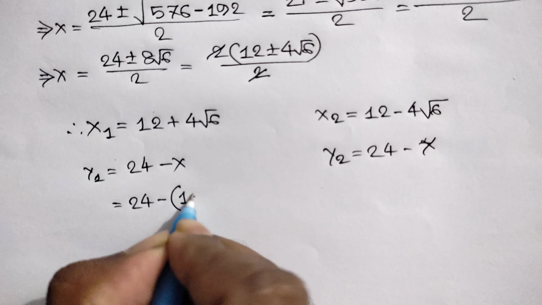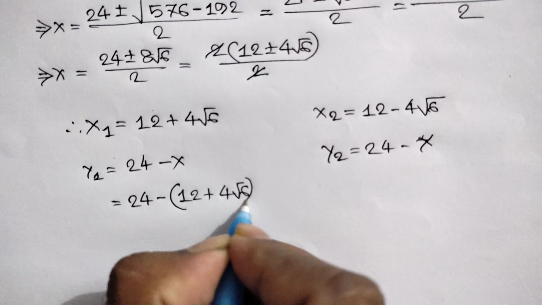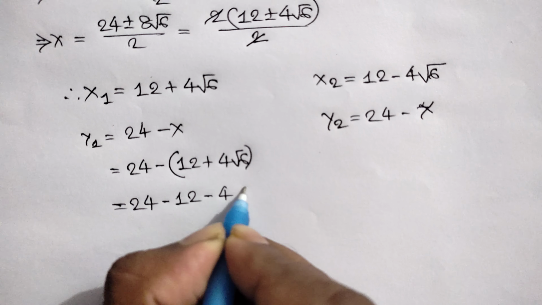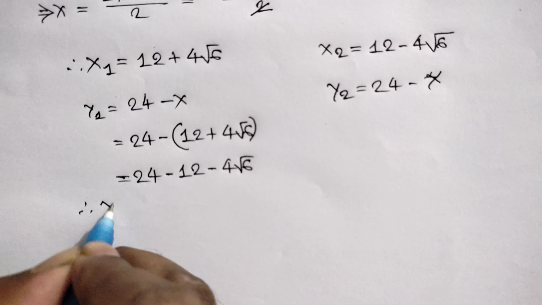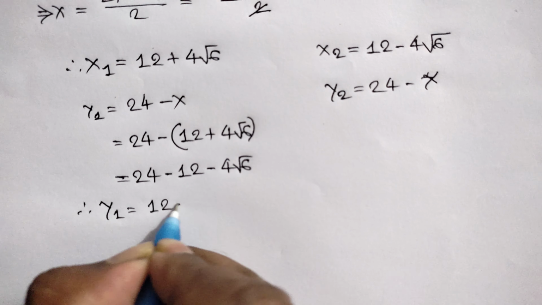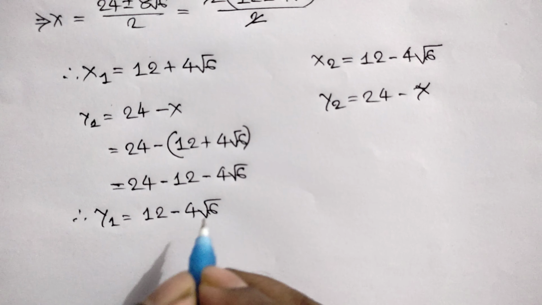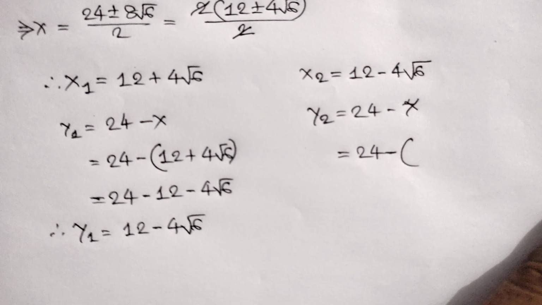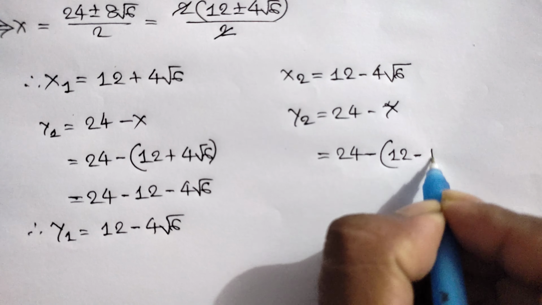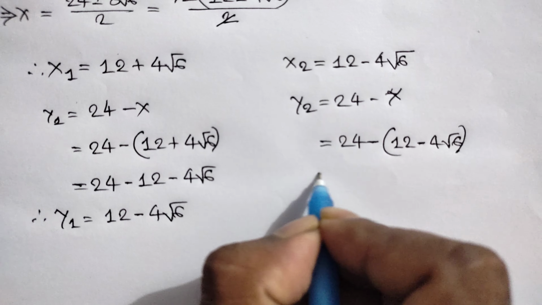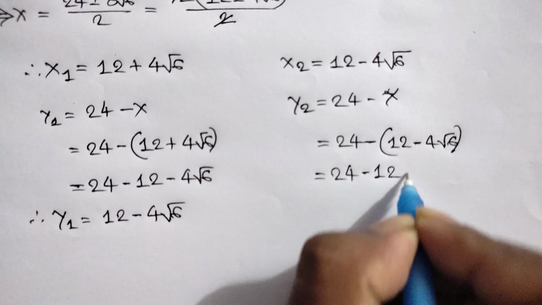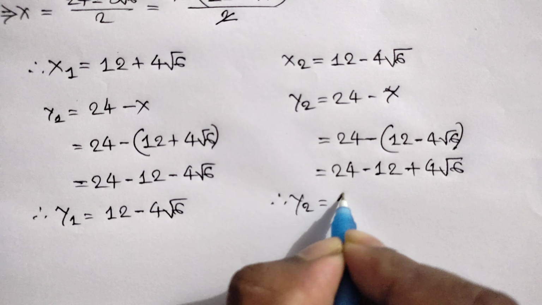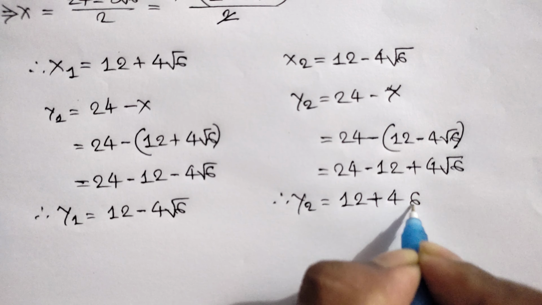That means with x1 equal to 12 plus 4 square root of 6, the value of y1 is equal to 12 minus 4 square root of 6, and here we can write 24 minus (12 minus 4 square root of 6) is equal to 24 minus 12 plus 4 square root of 6. So the value of y2 is equal to 12 plus 4 square root of 6.